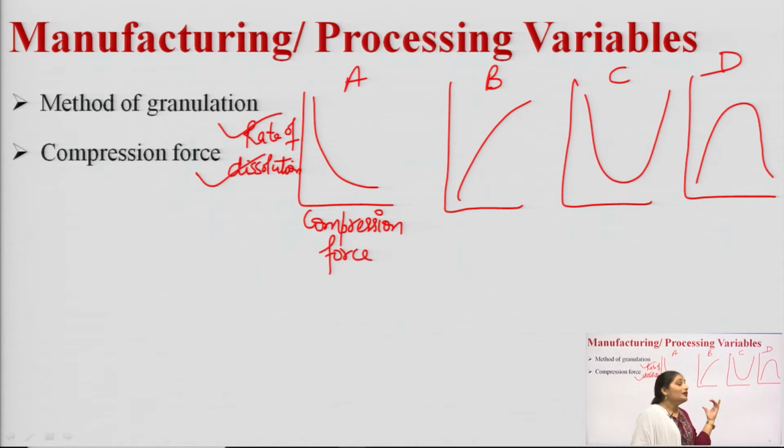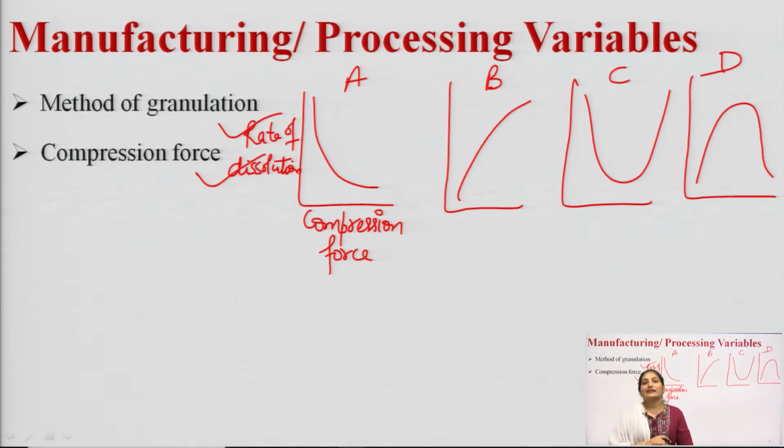In the first possibility, the A curve, if we apply higher compression force, the density will also increase, because of this the hardness of the tablet will increase, the tablet will be harder, and there will be a decrease in the porosity.